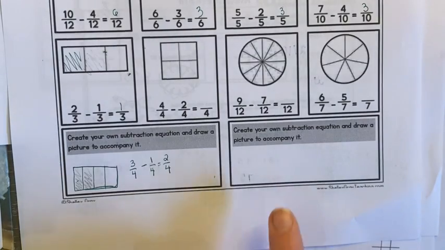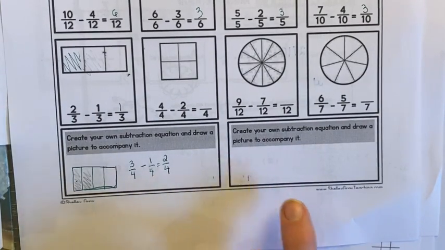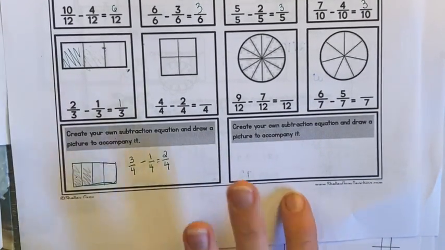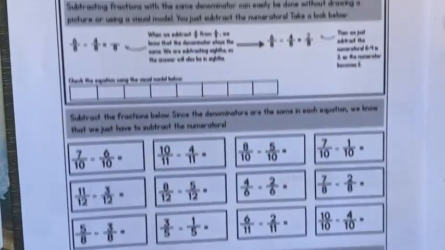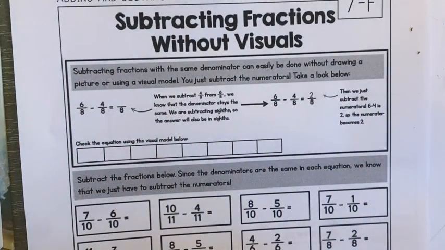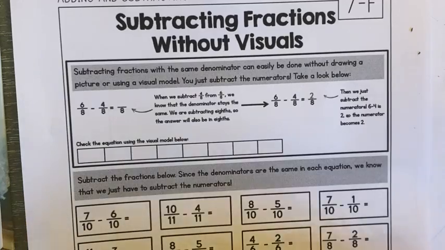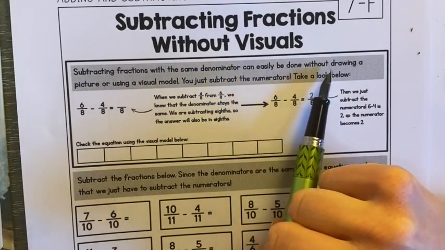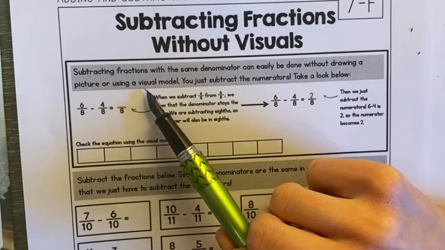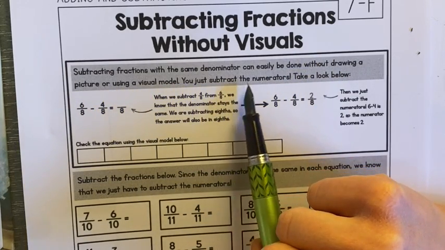I got it. Now this one, you are going to do one on your own. Then you're going to send it to me because I'd love to see your work. Okay? And the next one, subtracting fractions without visuals. So it says, subtracting fractions with the same denominator can easily be done without drawing a picture or using a visual model. You just subtract the numerators.